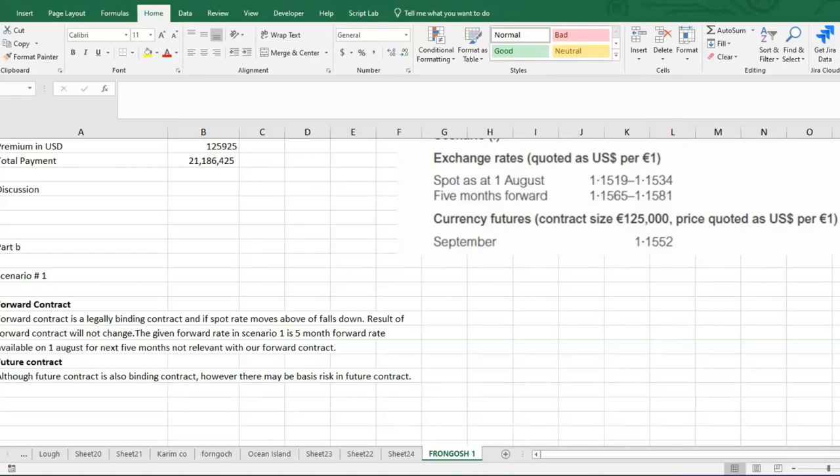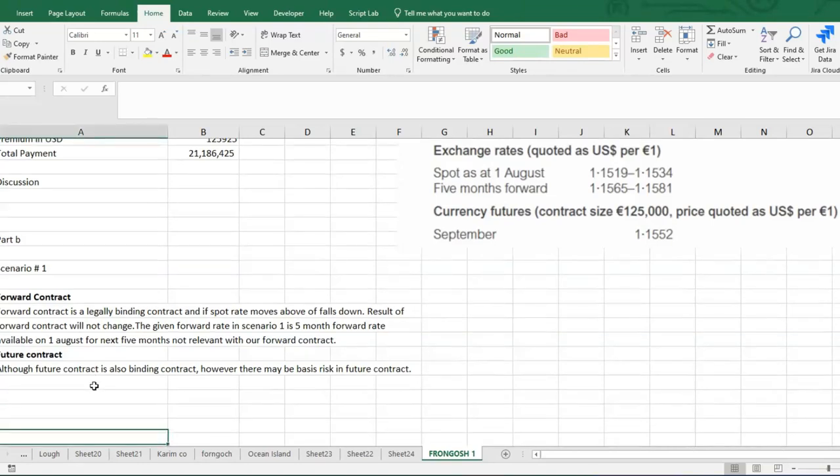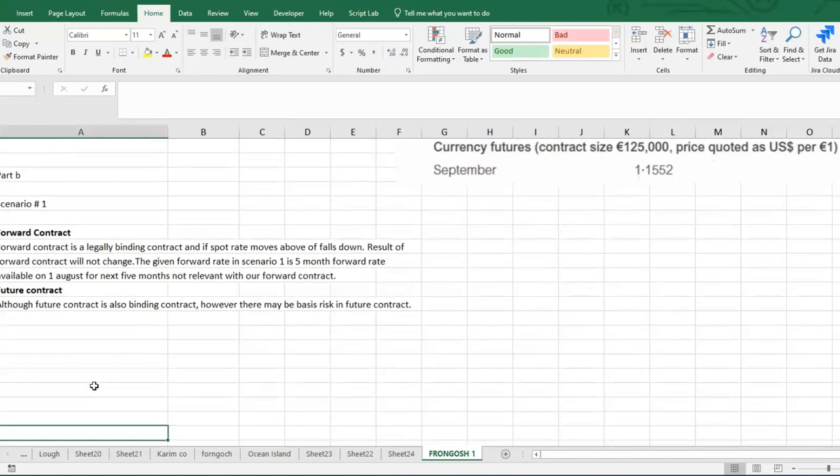Okay. Now what to do? Let me explain it. Let's see how many bases we have calculated initially. Remember how many bases we have calculated? Okay. Whenever there is a question like this, what you will do?